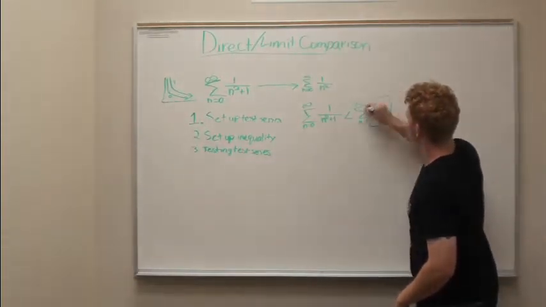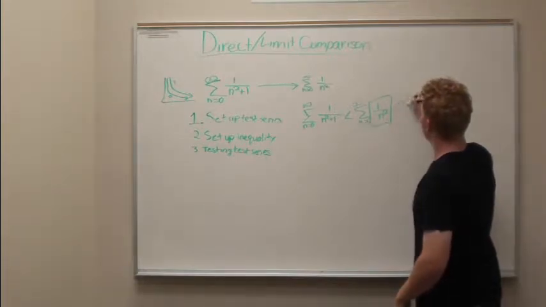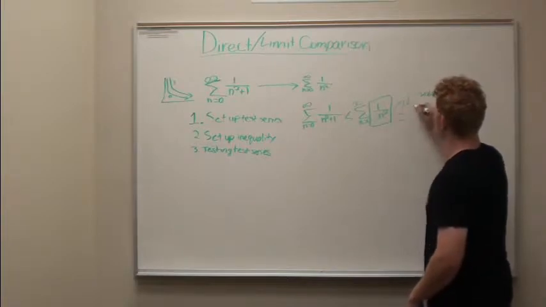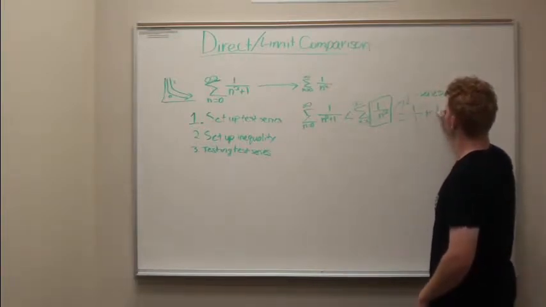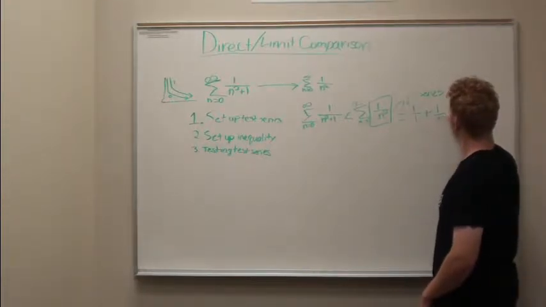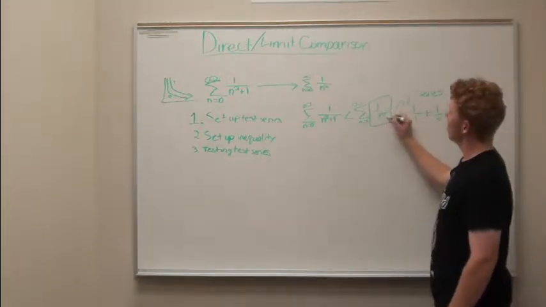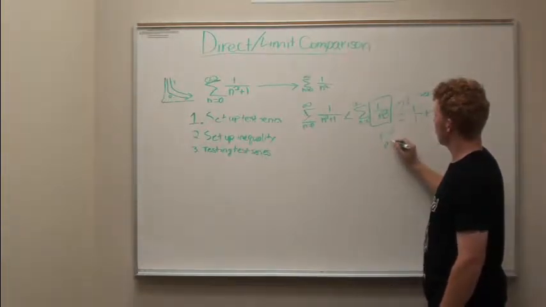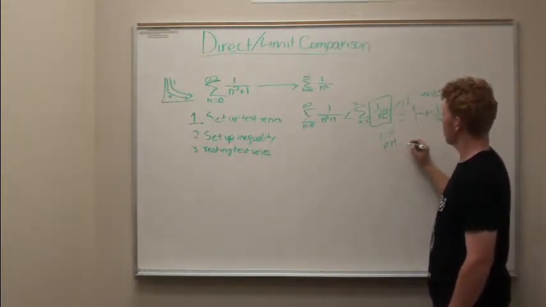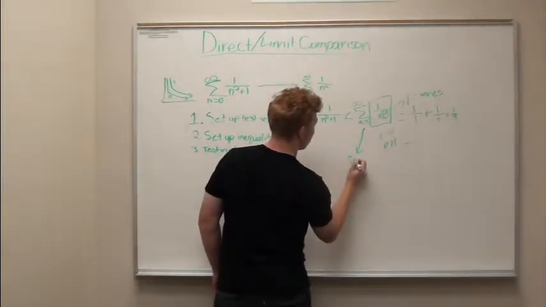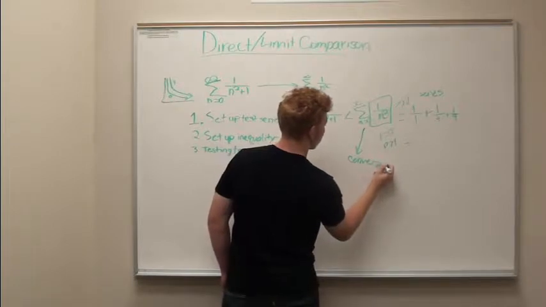Luckily, this series right here is a p-series. And in this case, obviously p is equal to 2. And since when p is greater than 1, the series converges, this series converges.